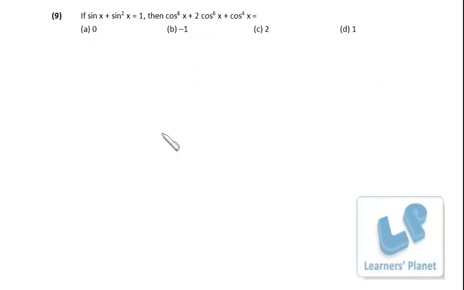Similarly, we have this problem on the same concept. Once again, sin x is equal to cos square x from this. Now from this equation you can take cos 4x as common. Then you have cos 4x plus 2 cos square x plus 1, that is cos square x plus 1 whole square, right?